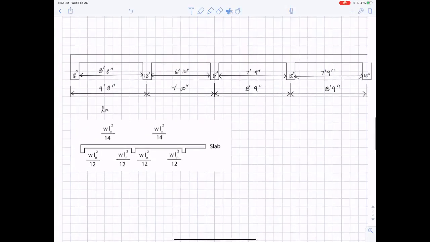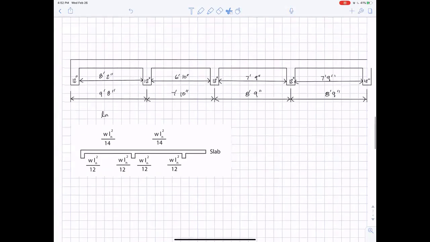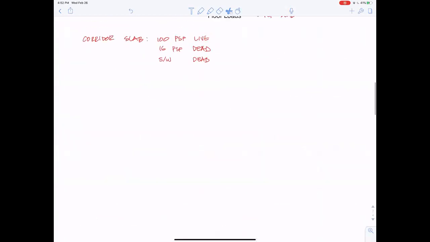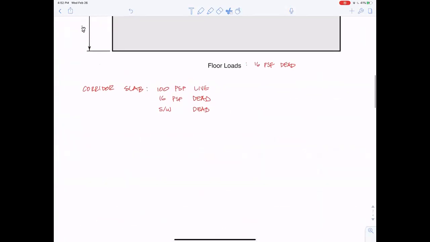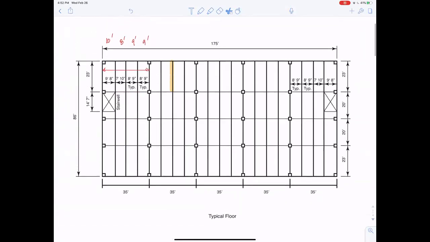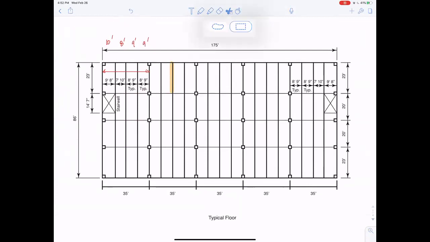We need w. We have the Ln. So the next thing we need to do is get the thickness of the slab so we can get the w. Let's look at this again, and let me delete these, these aren't the real dimensions.